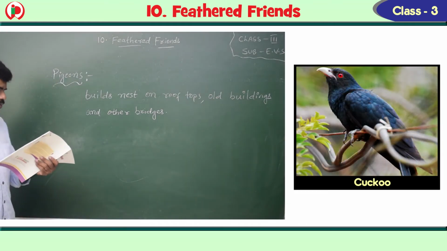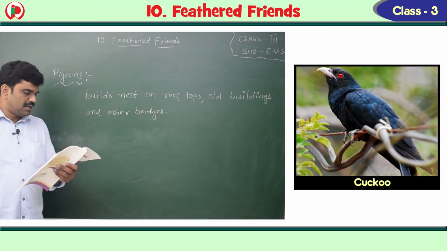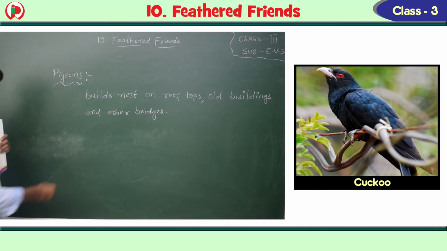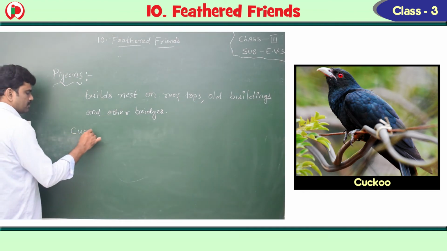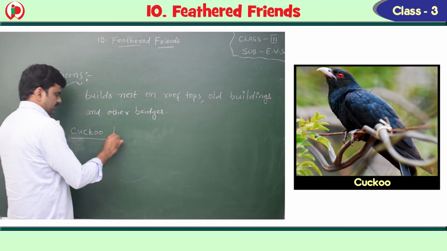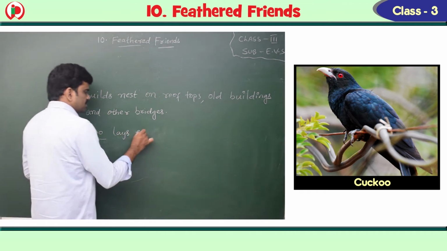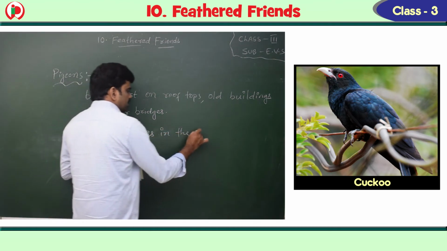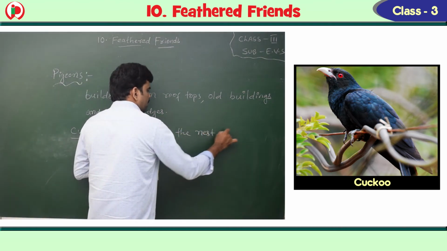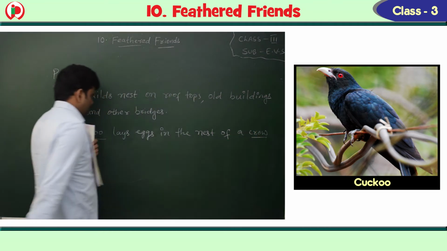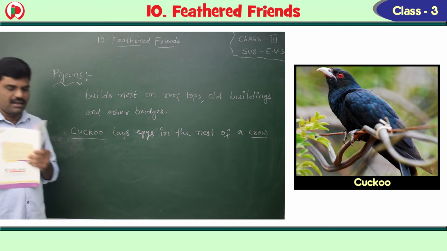The cuckoo is a bird that does not make a nest. It lays its eggs in the nest of a crow. This is very interesting, children. Cuckoo lays eggs in the nest of a crow.